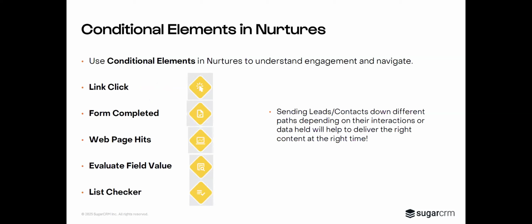We can evaluate certain field data, so are they in a particular industry, for example? Are they a contact versus a lead? And then we have list checker, so we can check whether they are present in a particular list. We'll look at this when we jump into Sugar Market in a bit more detail, but really, these conditional elements within nurtures help you to evaluate interactions that are happening.